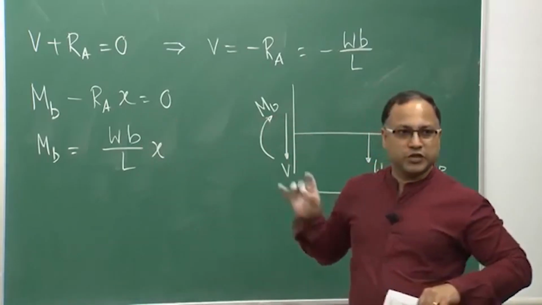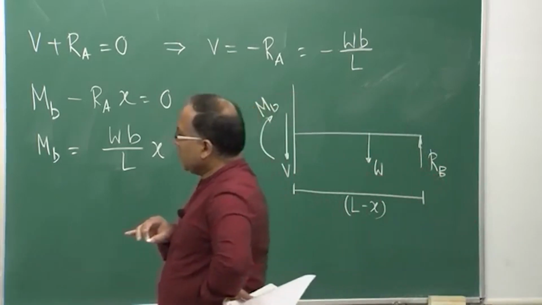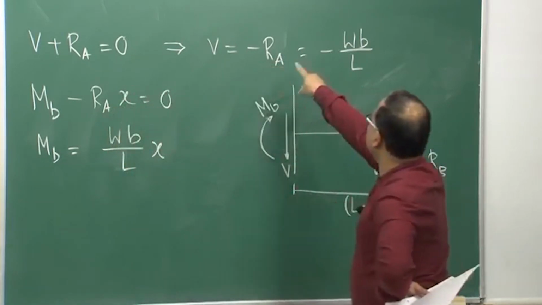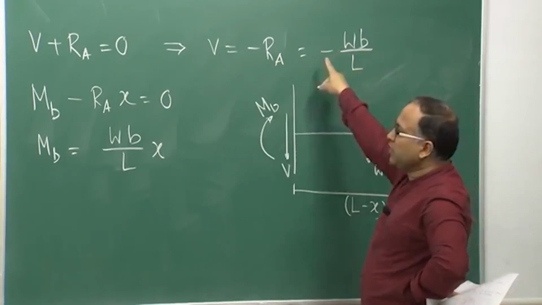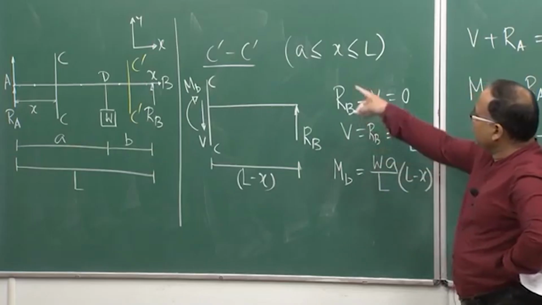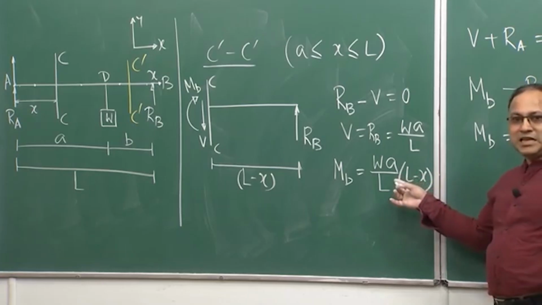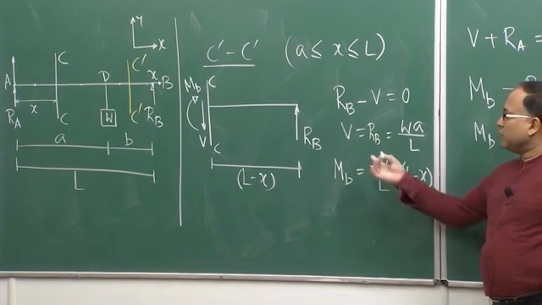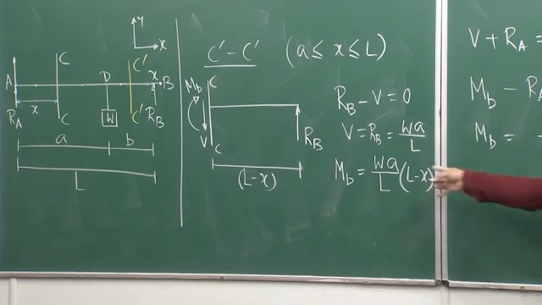Okay. Now, if you look at these calculations, this is the expression for V and MB when you consider the CC section, and this is the expression for V and MB when you consider section C prime C prime. If you look at the variation, MB is linear in x. This is the mathematical equation, that will be linear.